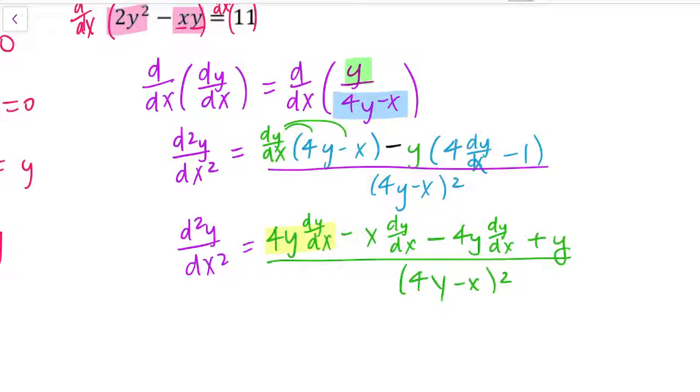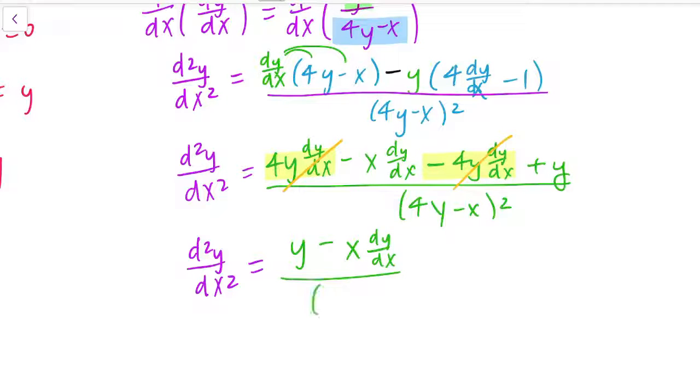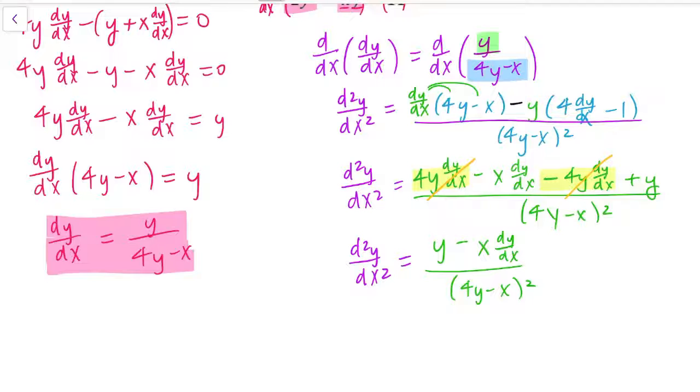And then we've got 4y dy dx minus 4y dy dx. Thankfully, those cancel. And we have d squared y over dx squared equals, I'm going to go ahead and put the y first because why not? Y minus x dy dx, all over that bottom squared, 4y minus x quantity squared. Now, this is as nice as we can make it look for now.